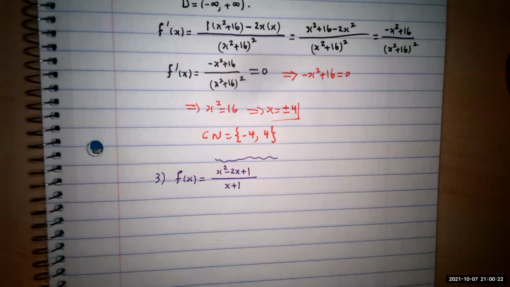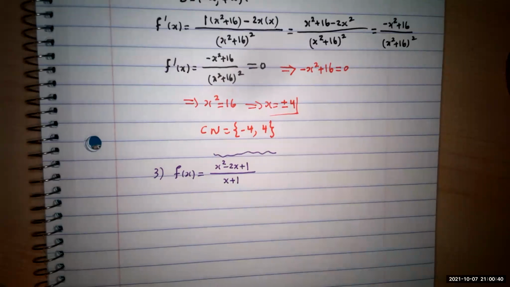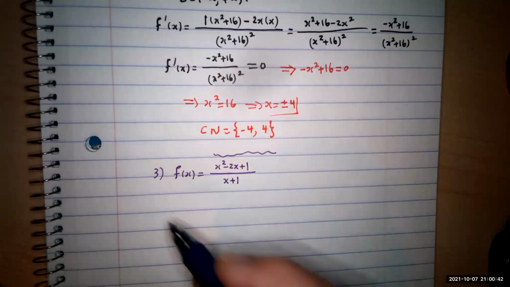You have the critical points over here, all of them. Okay. So the domain denominator we check, you know that the denominator would be 0 at -1. So this function is defined everywhere except at -1 because of the denominator.